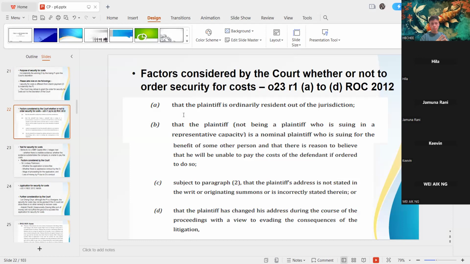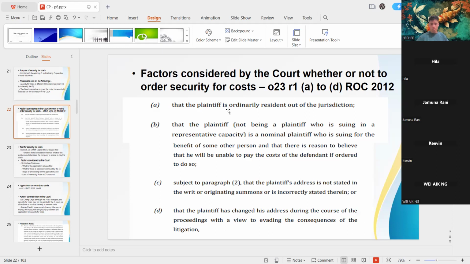So the factors considered by the court whether or not to grant the security for cost is provided in Order 33(1) sub A to sub D. First thing is the plaintiff is ordinarily resident out of the jurisdiction, which means that he is a foreigner.